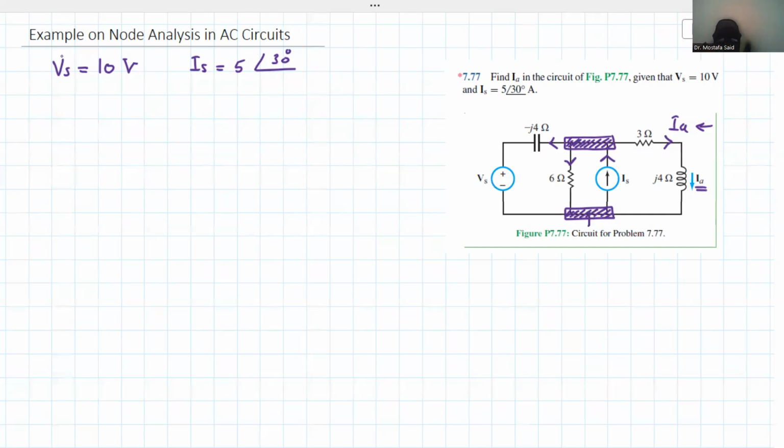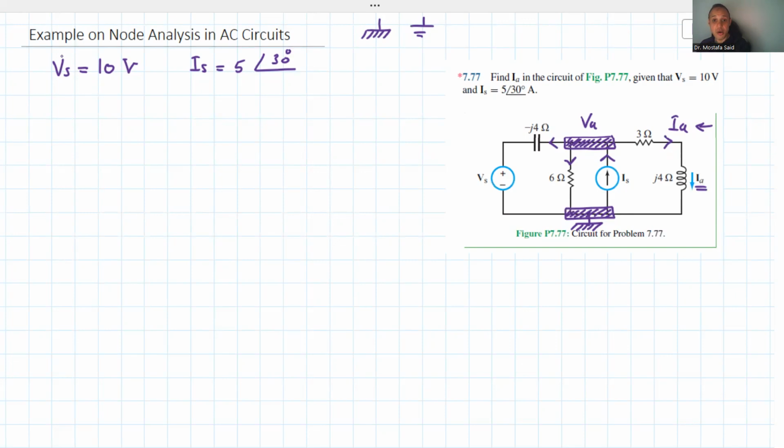So we're going to ground the node on the bottom. There are 2 symbols for the ground. Some people use this symbol and some use this one. Both are the same. Let's also call the node on the top VA, just to match IA.